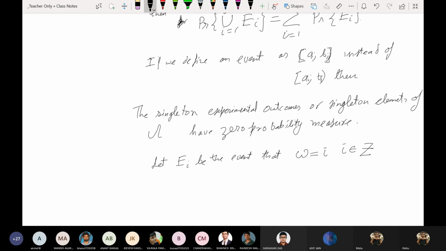Or rather, even why restrict ourselves to integers? i is a rational number. We can show this for integers and it's directly extendable to rational numbers. So let E_i be the event that omega equals i. This is a singleton event, or a singleton outcome.